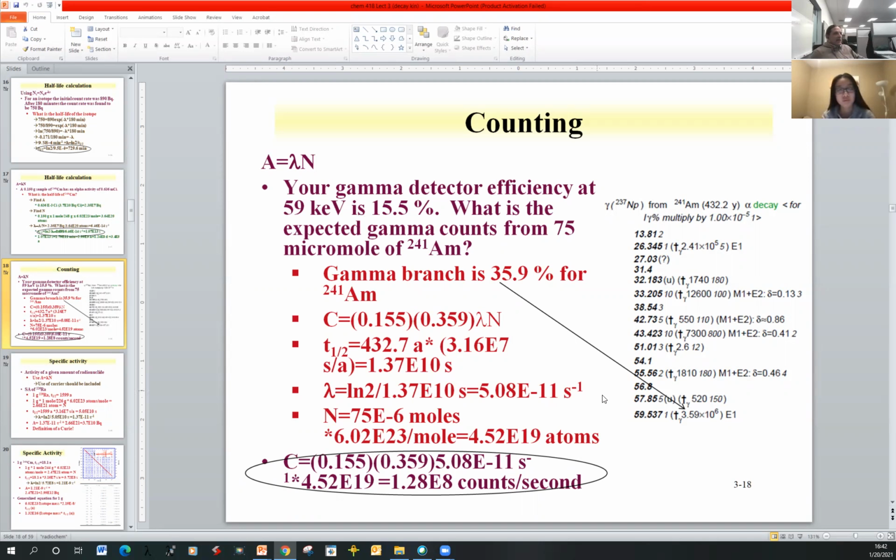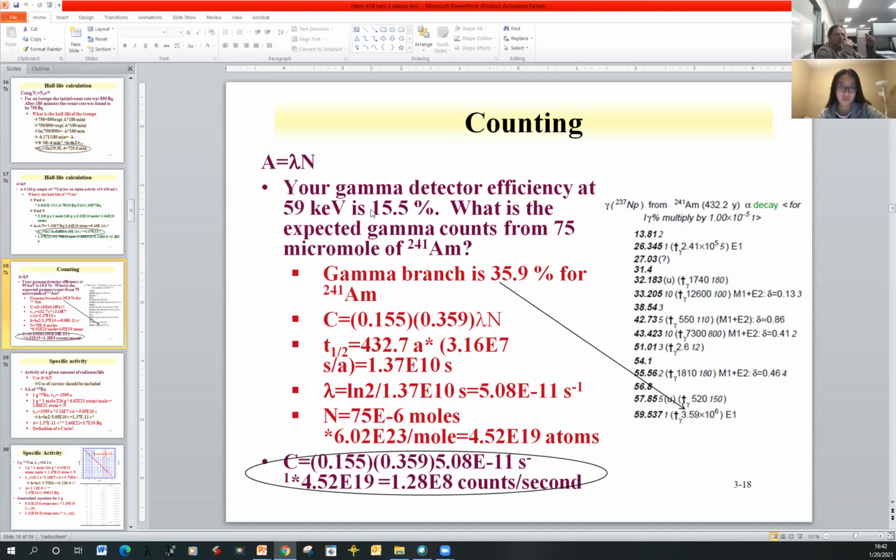The gamma energy is 59 keV, and the detector sees 15.5% of the photons. In other words, at that energy, given how photons interact with matter, only 15.5% of the photons are even going to be seen by the detector. So we have to take that into consideration.